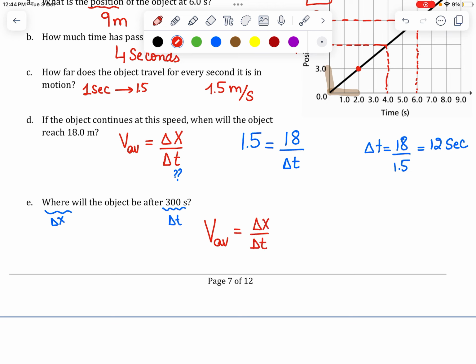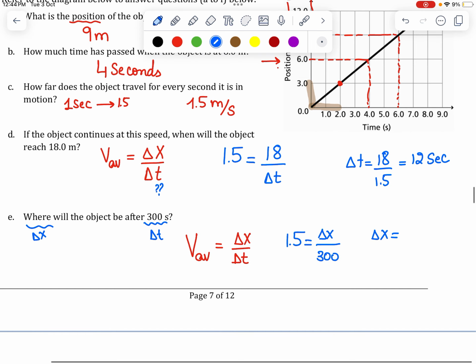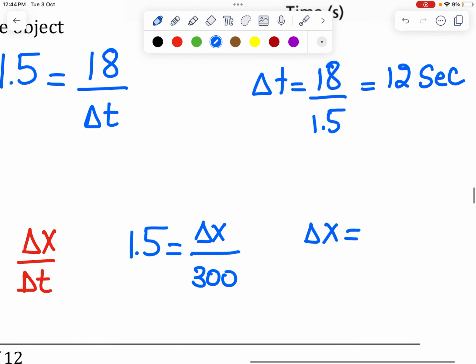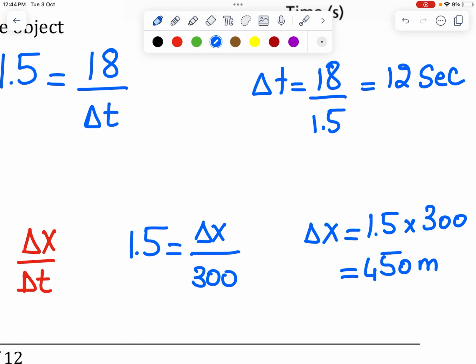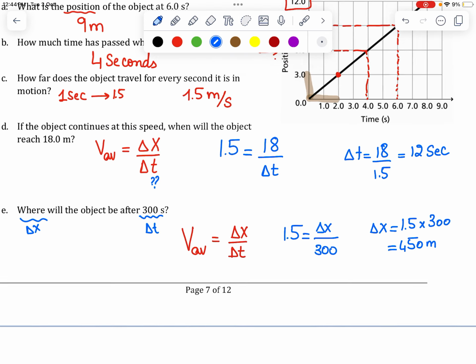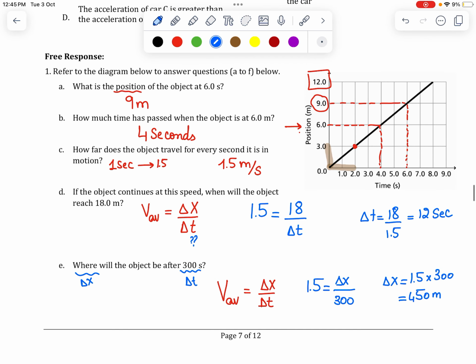Now I have the velocity and the time, not the displacement. Delta x, after cross multiplication, equals 1.5 times 300, which is 450 meters. And that's it for question number 1.